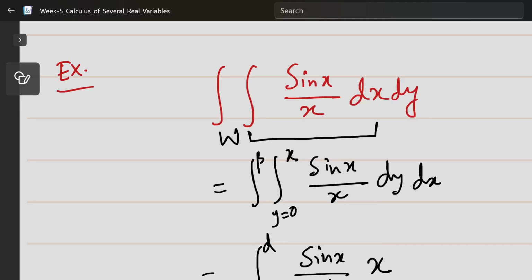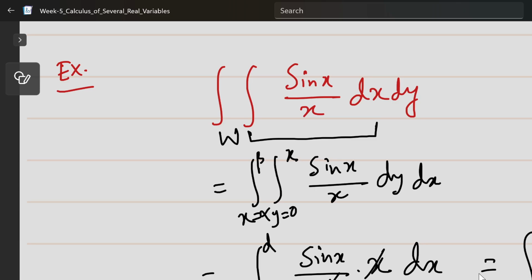So you will get sine x by x into x, because the integral of dy is y and y varies from 0 to x, so it is x. Now you can easily solve this because it is the integral of sine x only. But at first, if you do not do change of order of integration, you cannot solve this. So these are two examples. There are many examples like that. So change of order of integration is required. It depends on the problem.